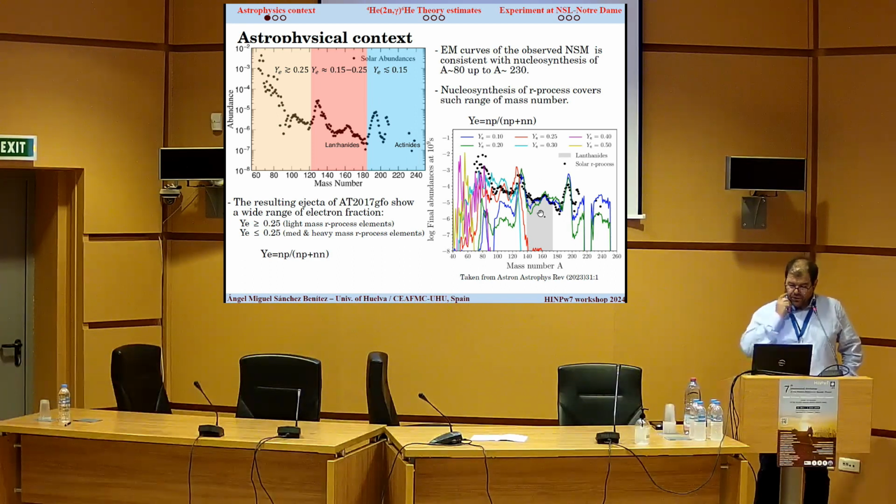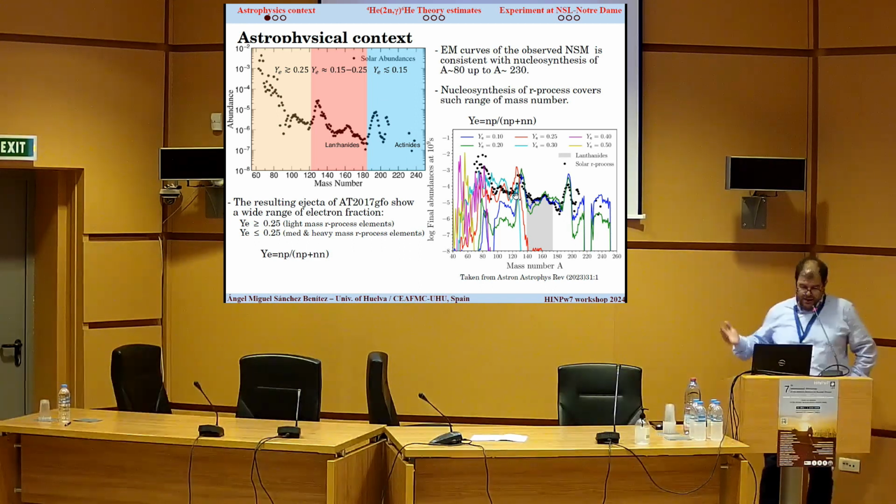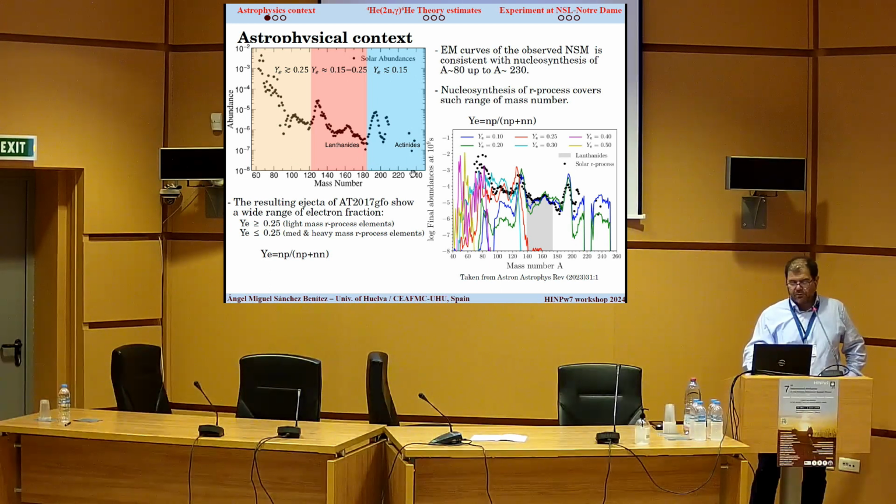Here we find different scenarios in terms of electron fraction that reproduce this range, from 80 up to 230 nuclei.